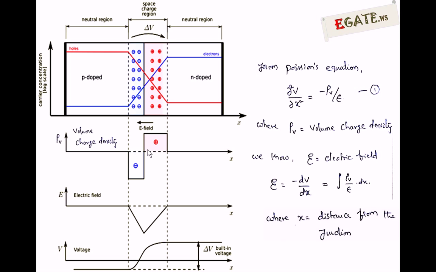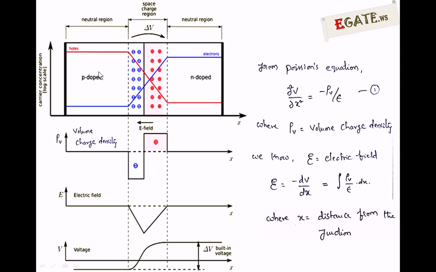As it is positive, the straight line has a positive slope, so it starts from this point and increases with positive slope, and it terminates at this point where the charge is 0, because we are entering into the N region where the charge is 0, so the electric field is also 0.